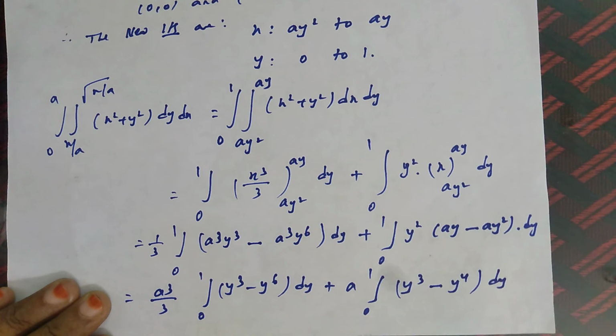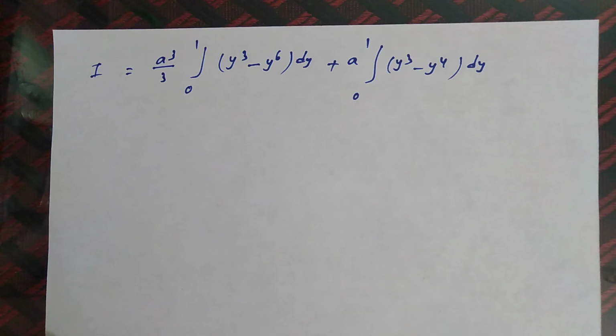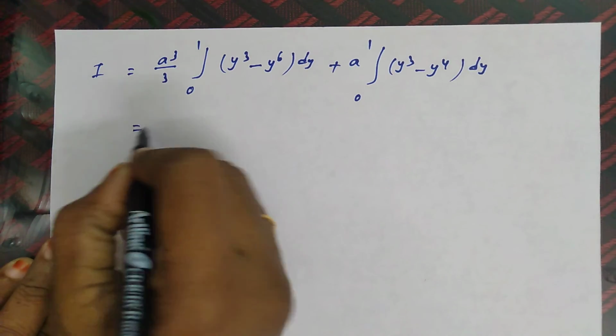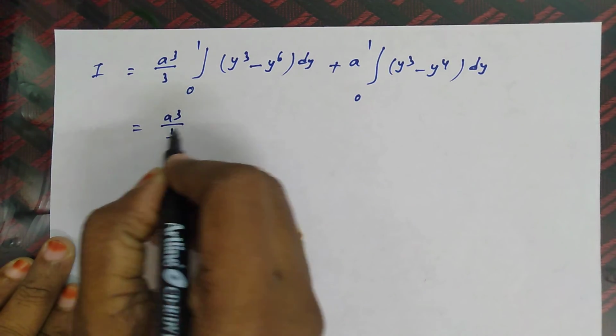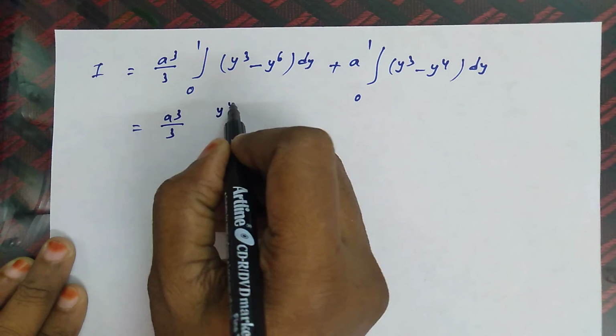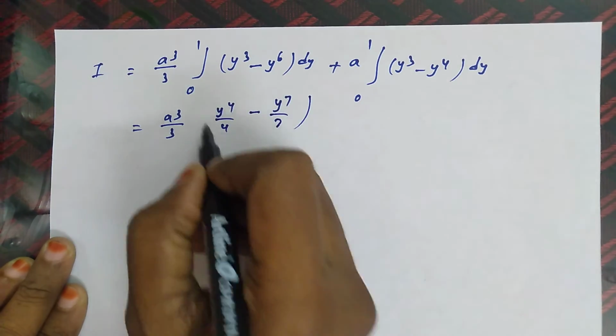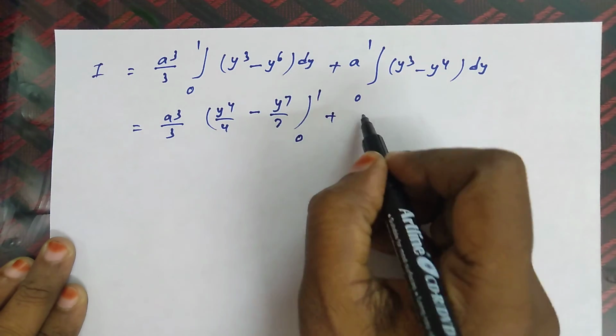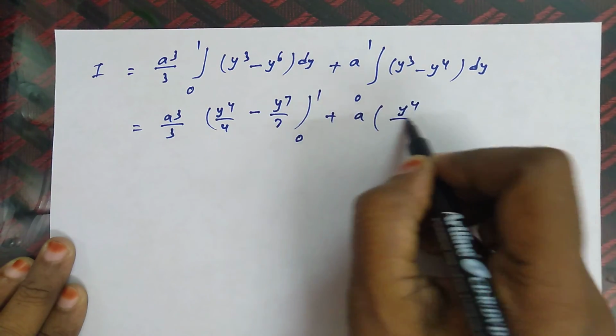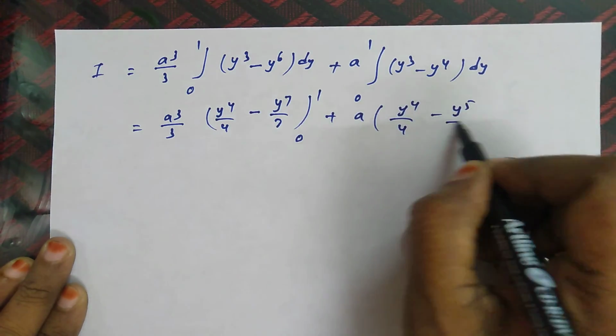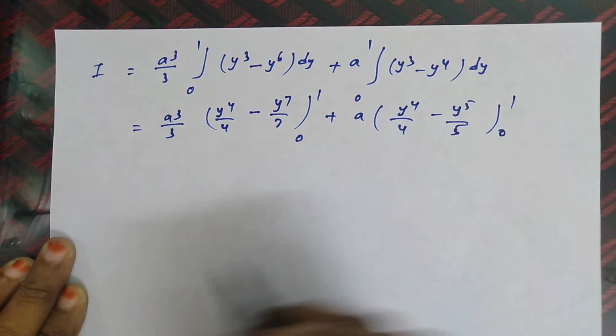Now we are going to integrate this with respect to y. Which is equal to a cube by 3 times integration of y cube, y power 4 by 4, minus y power 6, which is y power 7 by 7, with the limit 0 to 1, plus a into y power 4 by 4 minus y power 5 by 5 with the limit 0 to 1.